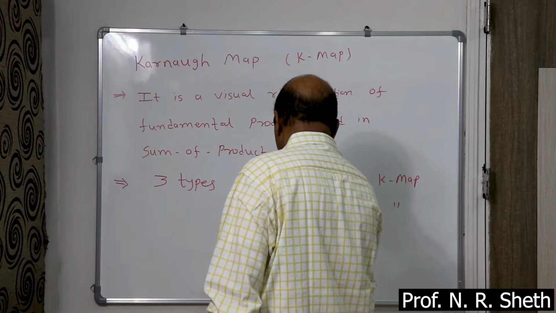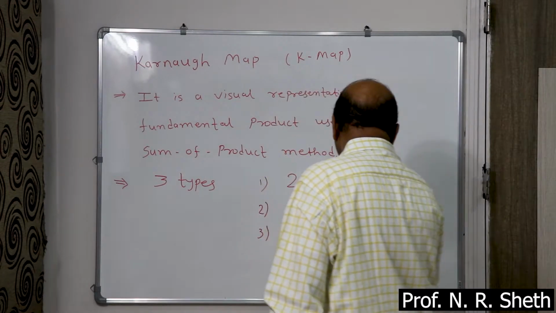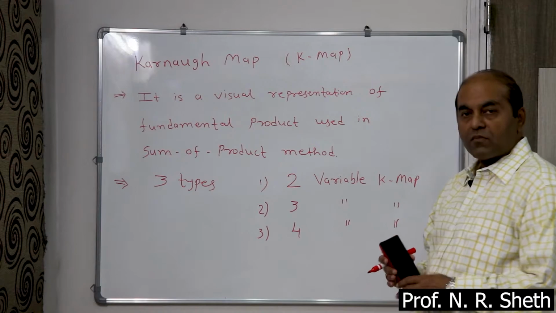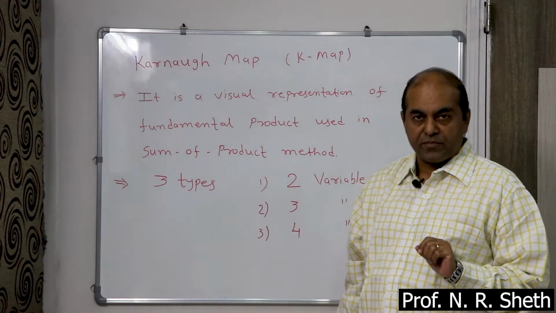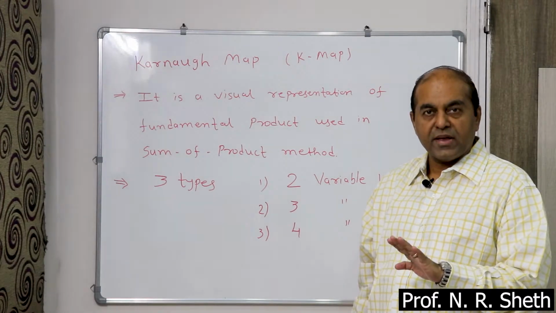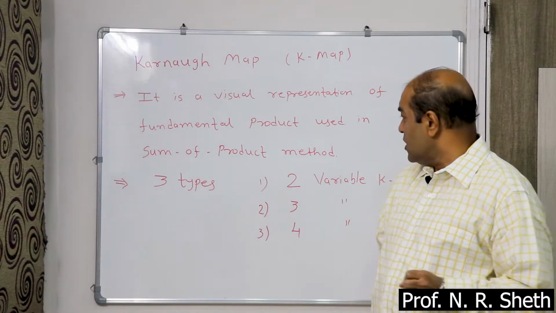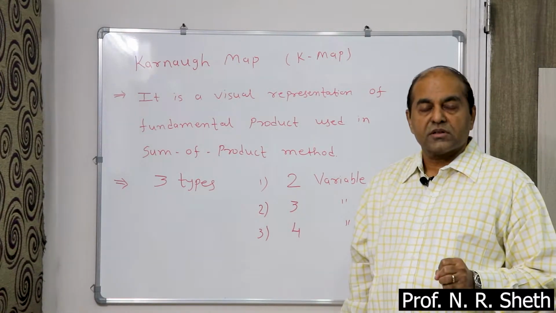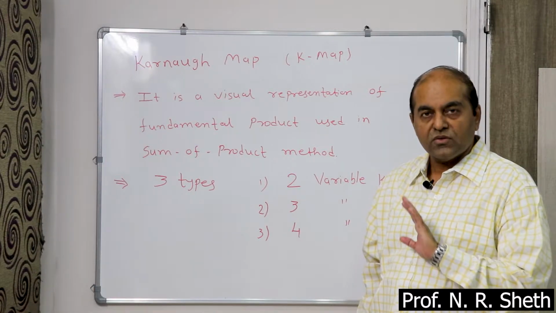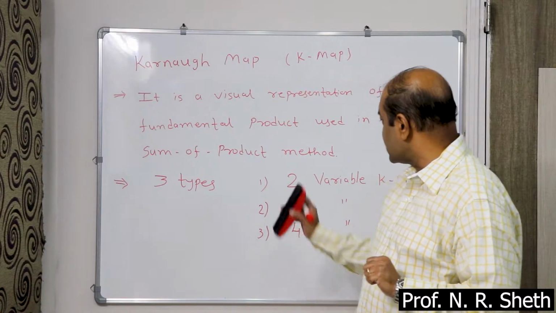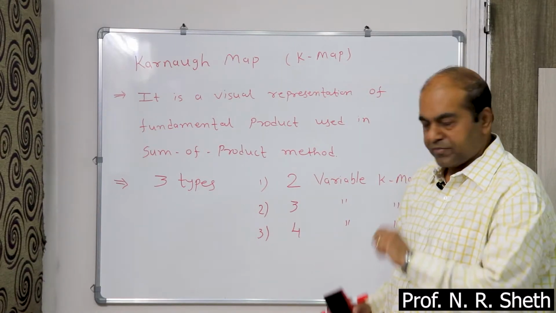And third one, four variable K-map. In your syllabus, it is up to four variable K-map: two variable, three variable and four variable. So today we are going to discuss all the three cases. Okay, so let's start with two variable K-map.